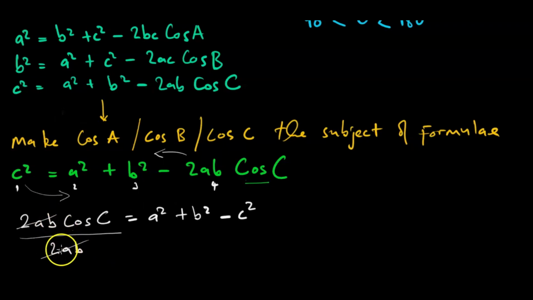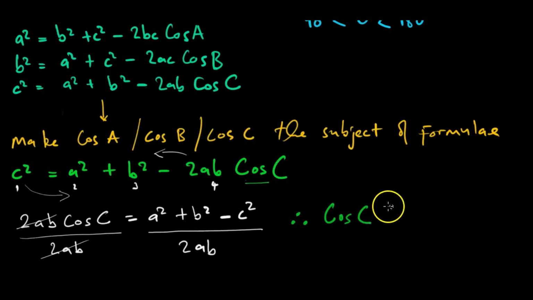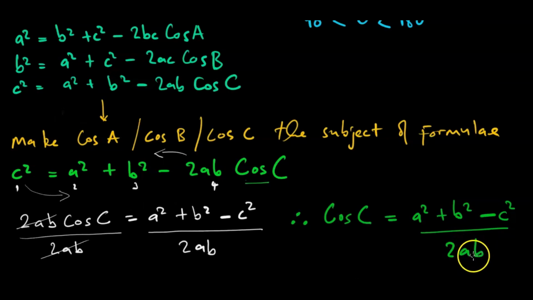Saka because kuno kuta divide na 2ab, kuno kutia divide futi na 2ab. Saka what we are left with is therefore cos c is equal to a squared plus b squared minus c squared over 2ab. This will be our first formula.